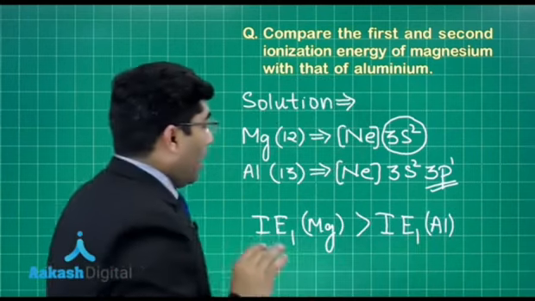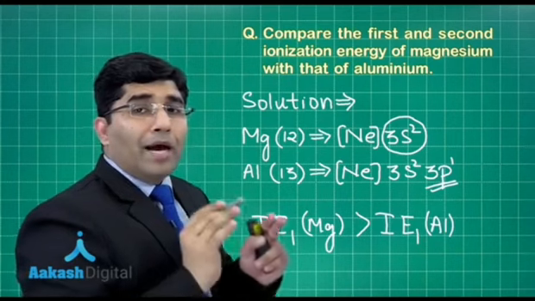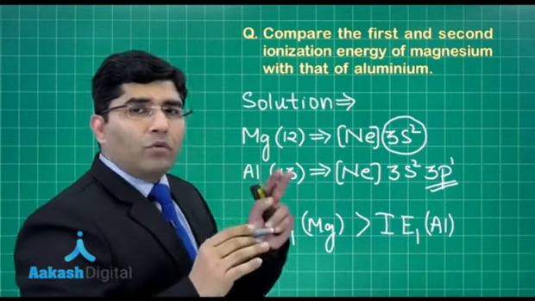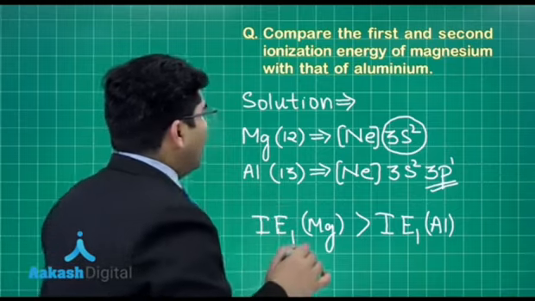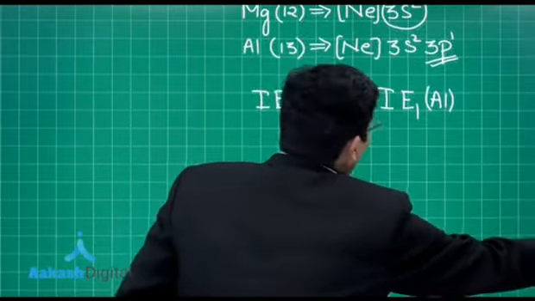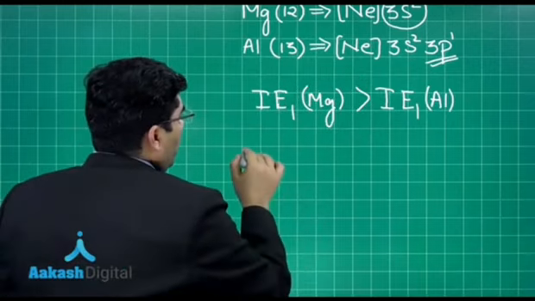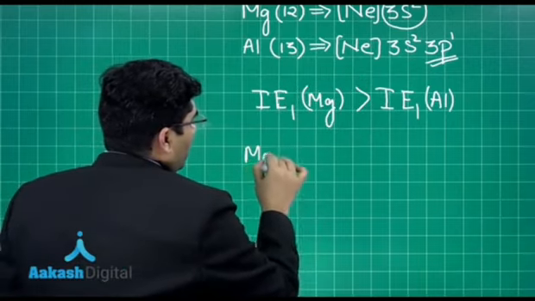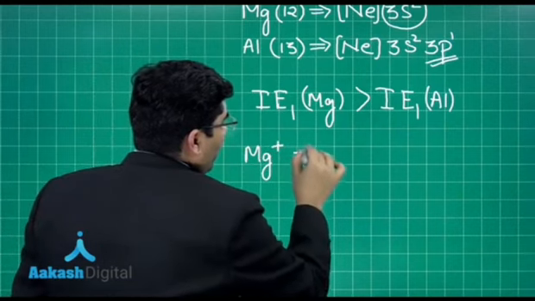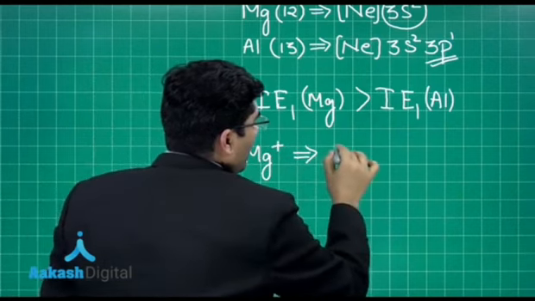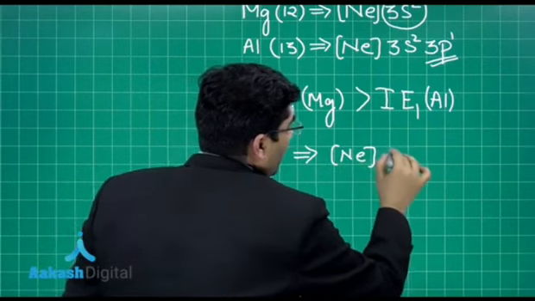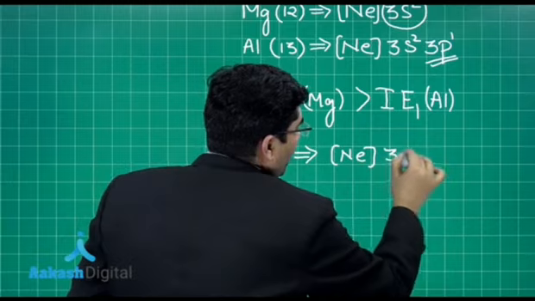Now we have to compare the ionization energy 2. And how can we compare? We have to eject the electron, so we have to take Mg+ and Al+. So we have to write the configuration. For magnesium plus, the configuration will be neon 3s1.